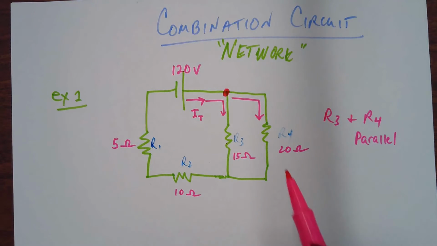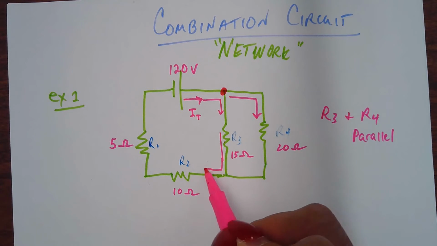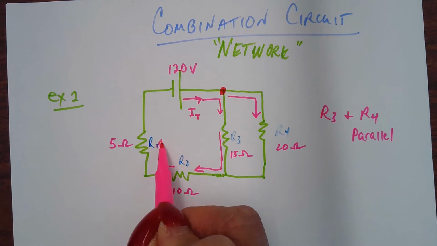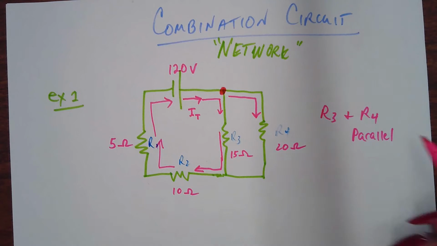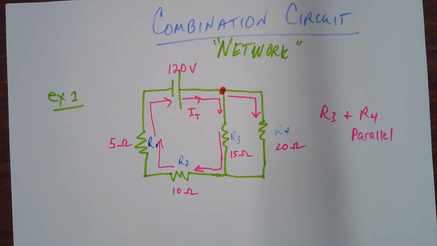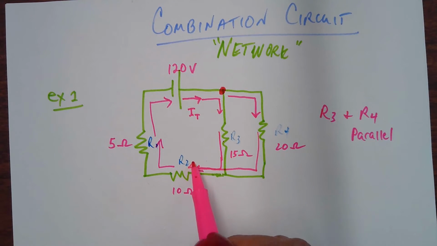So current is going to go through R3 and then R2 and R1 and then back to the power source. The other one, R4, doesn't have to go through R3. That's why they're in parallel. But R4 has to go through R2 and R1.